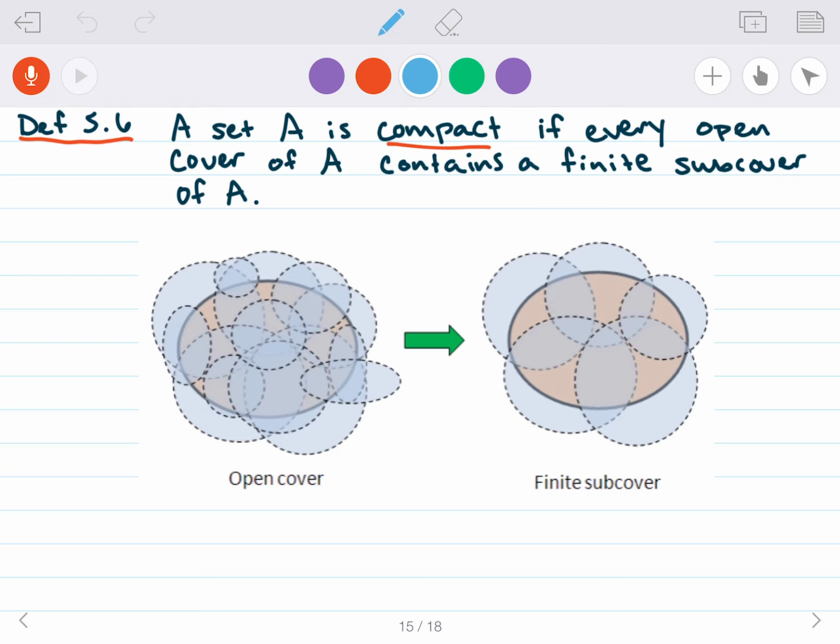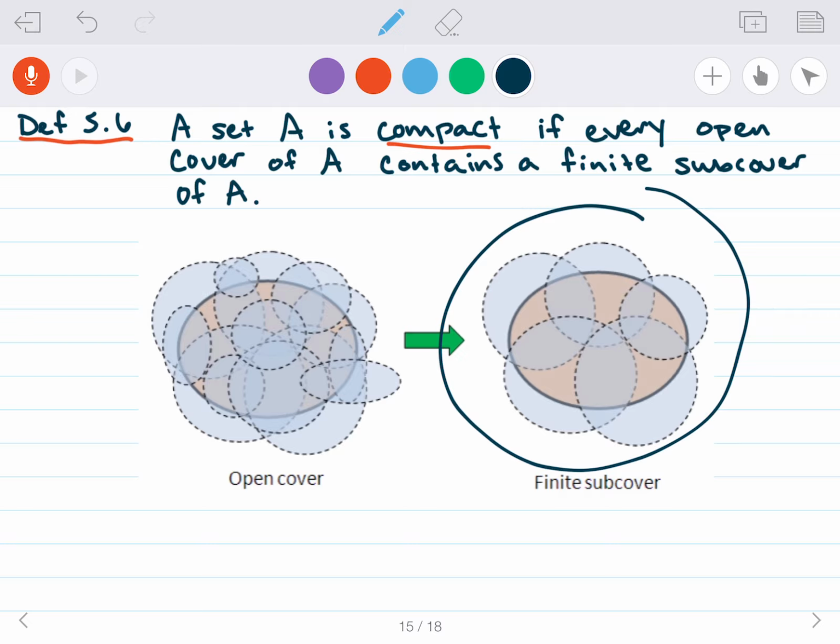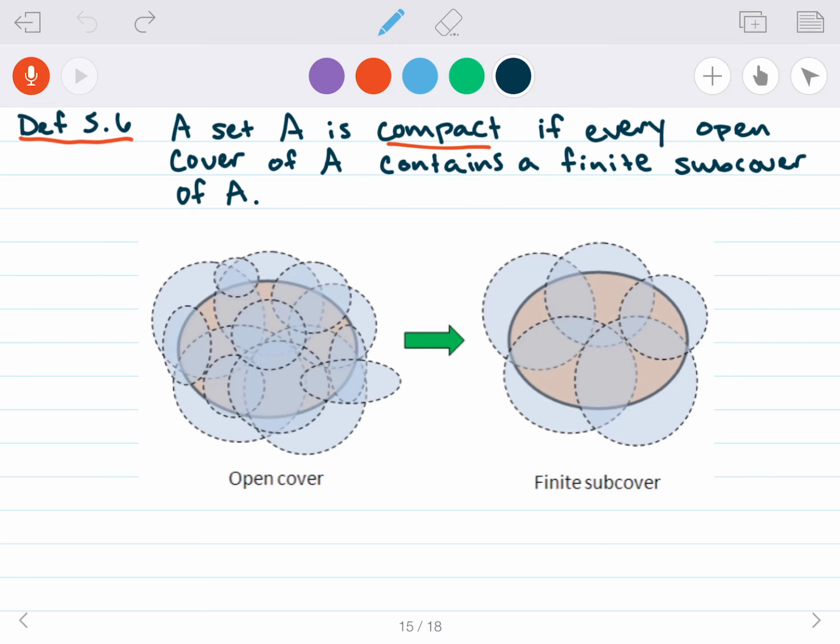If we look at our little picture to the left, obviously there's not infinitely many dotted circles, but you could imagine that there's infinitely many dotted circles covering this orange set. If we assume that it's compact, then this definition tells us that we can completely cover it with finitely many of these circles. We don't need infinitely many to cover it.